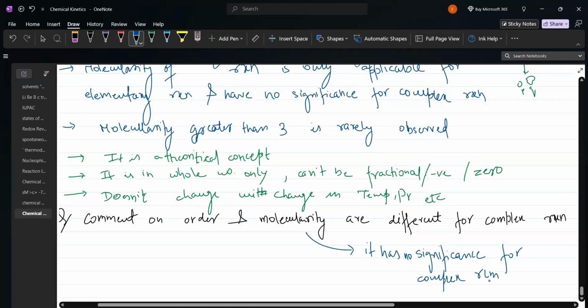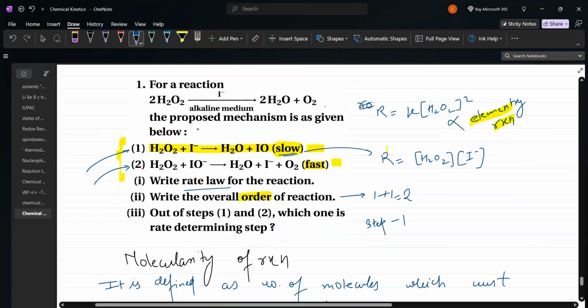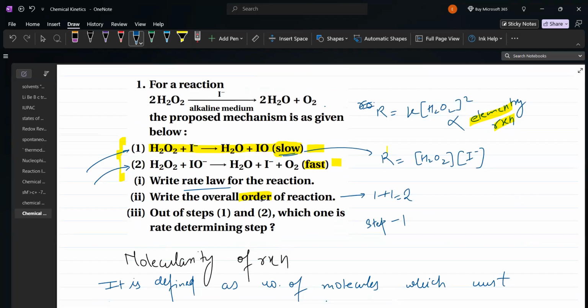Complex reaction. And you people already solved what? The order can be determined by how? By the slowest step, right? Determined by the iodine one, which you have solved earlier. You checked which is the slowest step and found the order of the reaction. Like this one was a complex reaction, but still you can find the order of reaction. How?